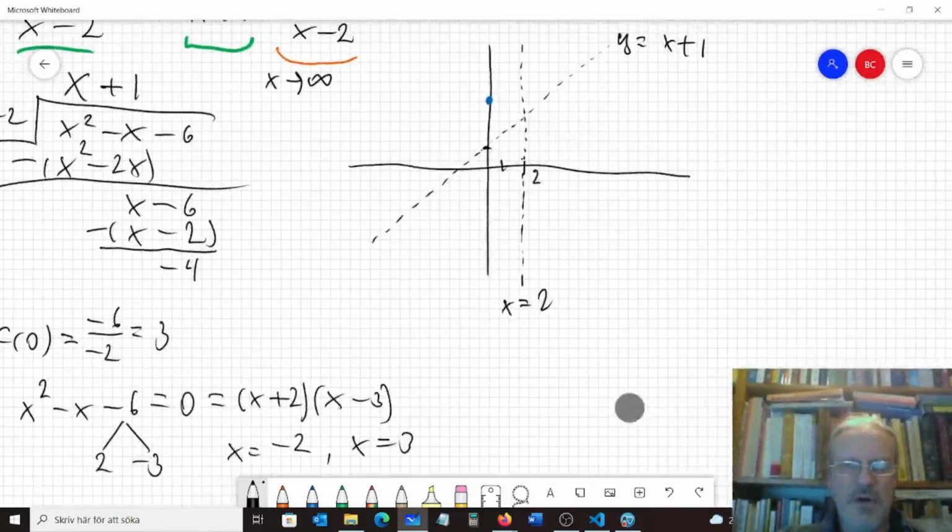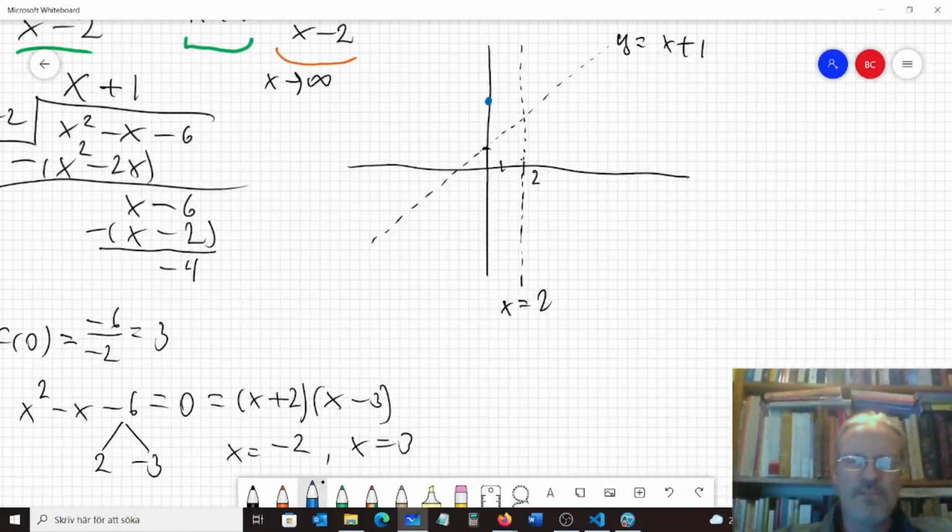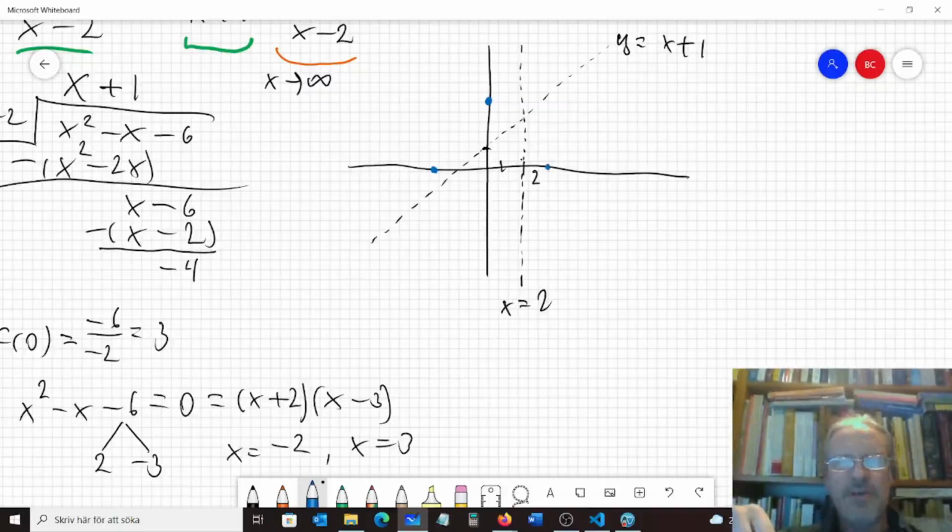So we go back to our graph, and we know now that at minus 2 and at 3 must be points where the graph passes through. And that allows us to basically draw the graph. It will have x equals 2 as an asymptote.